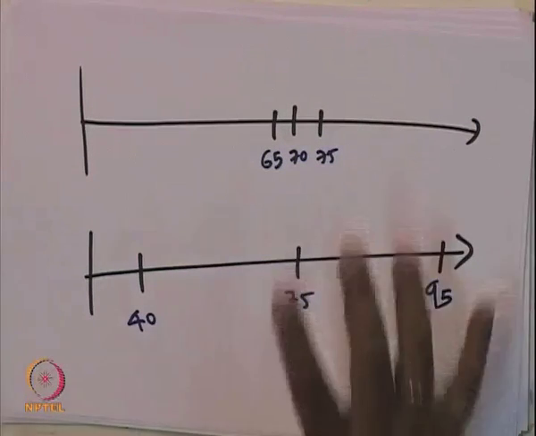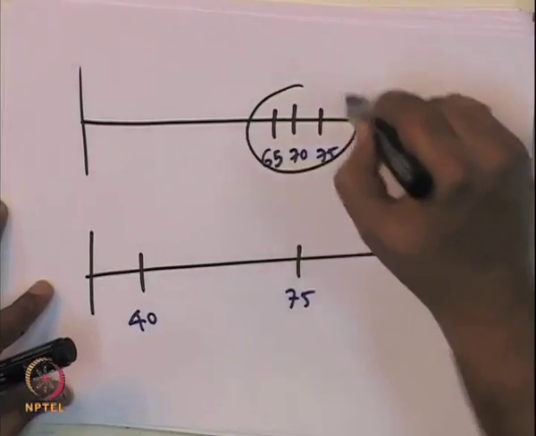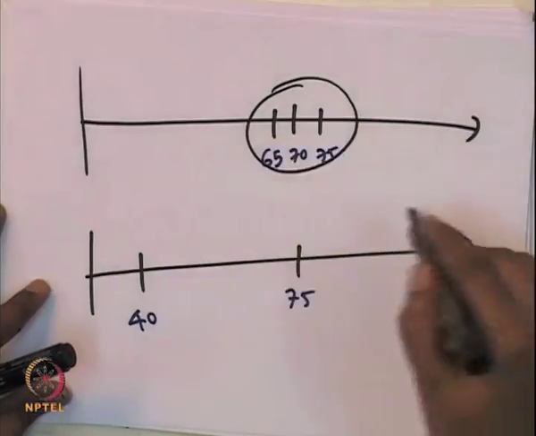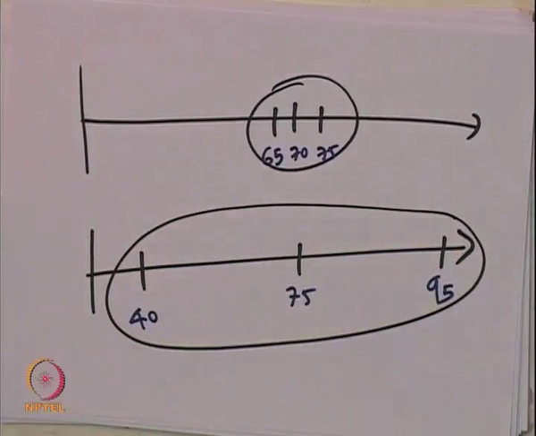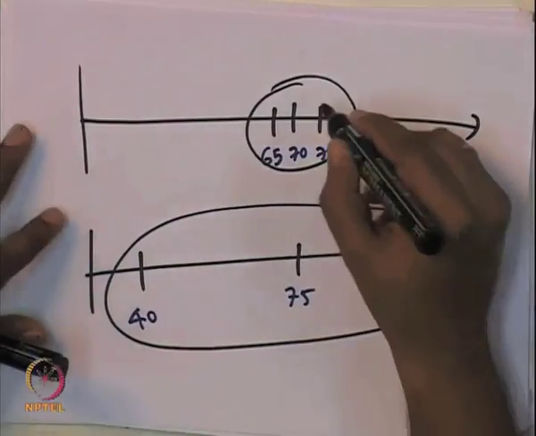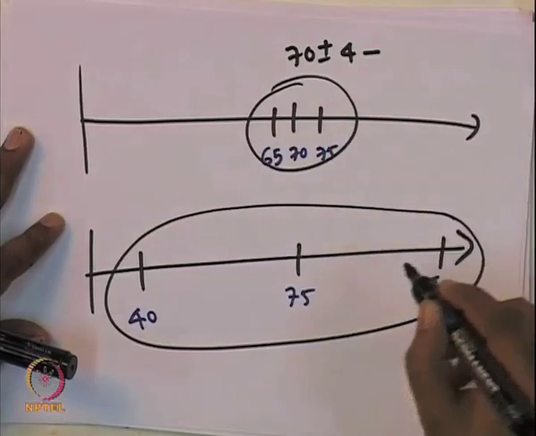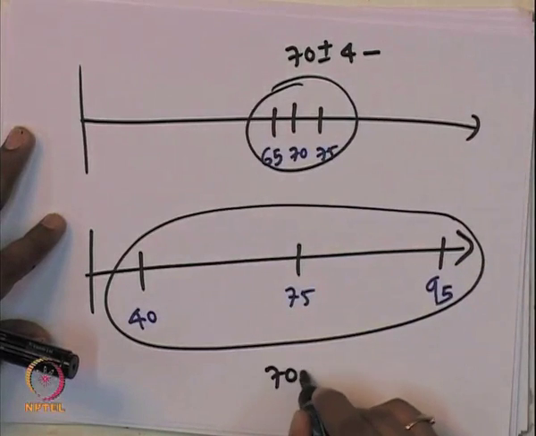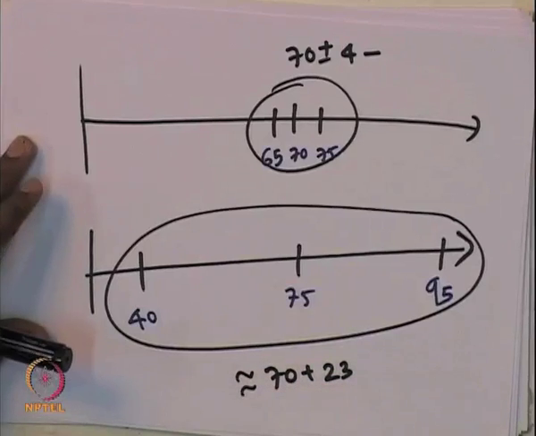So just by looking at it, we can figure out that this is very close, so this is less standard deviation, and this is very far, so this is a bigger standard deviation. Standard deviation is essentially a measure of how far these points in the graph are. If they are very far, we get a large standard deviation. Here the standard deviation was 70 plus or minus 4 something. Here the standard deviation was 70 plus or minus 23 approximately.